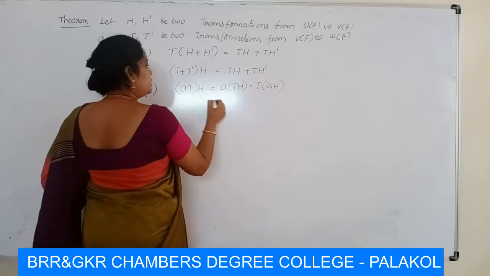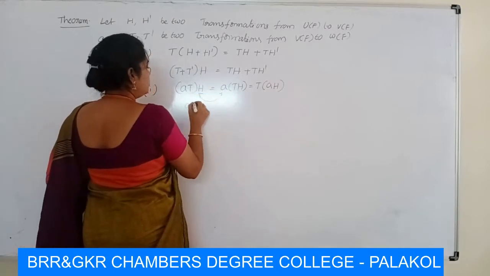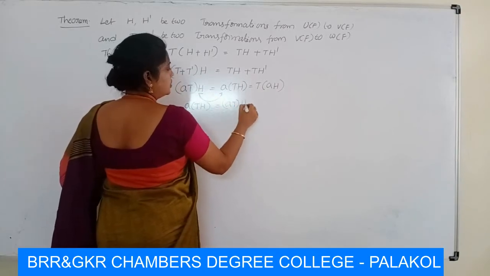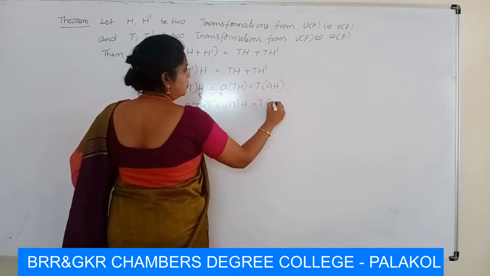So here we take it in reverse, that is a into TH is equal to aT of H, that is equal to T into aH.